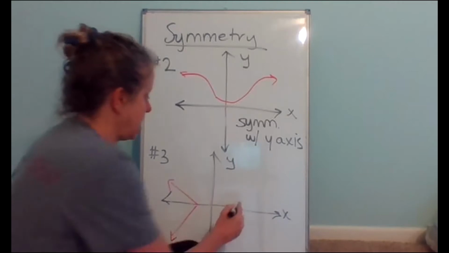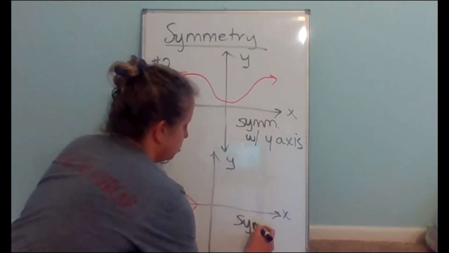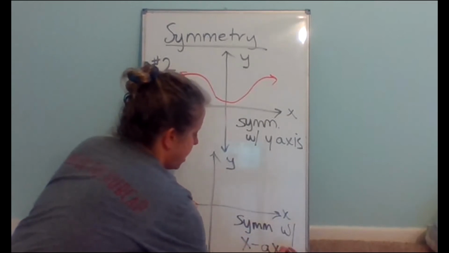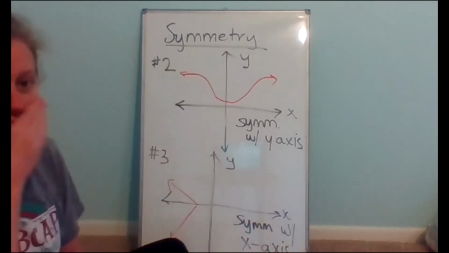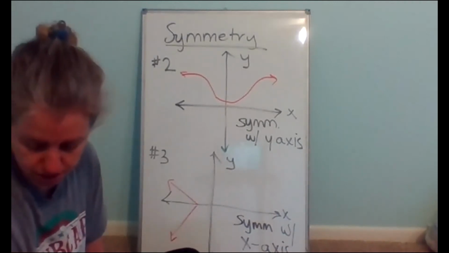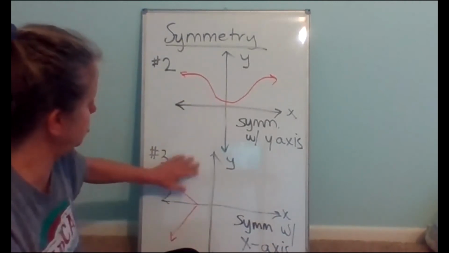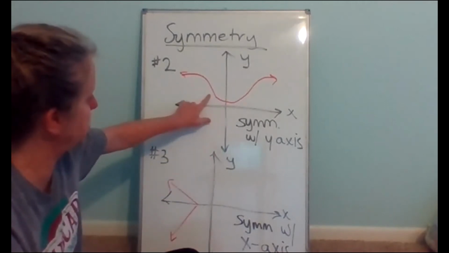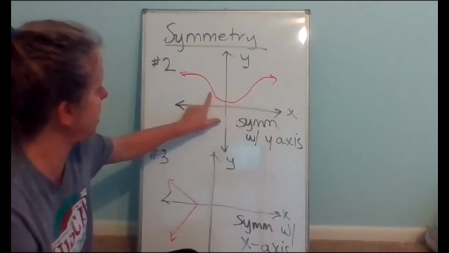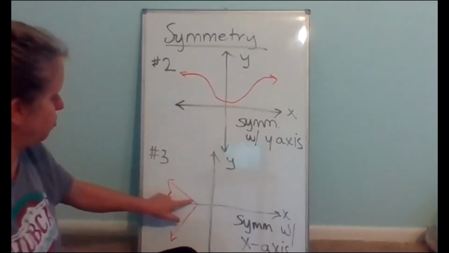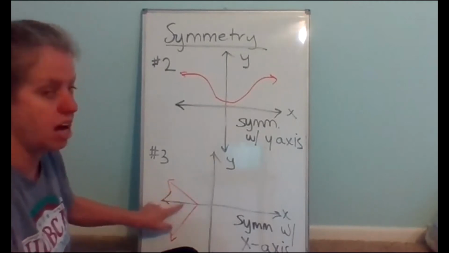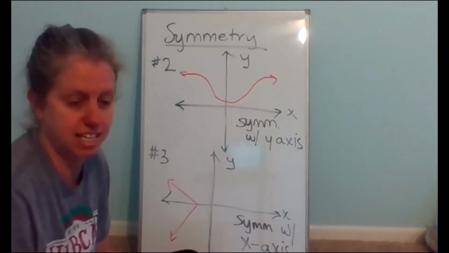So this is what it looks like if you are symmetrical with the x-axis. So those are number 2 and number 3: symmetrical with the y-axis, the same thing on both sides of the y-axis, and symmetrical with the x-axis, which means the same thing is happening on both sides of the x-axis.